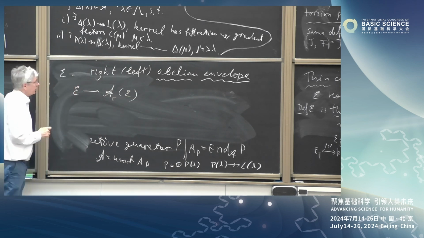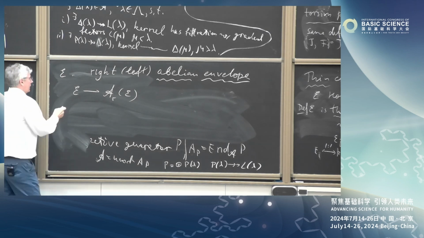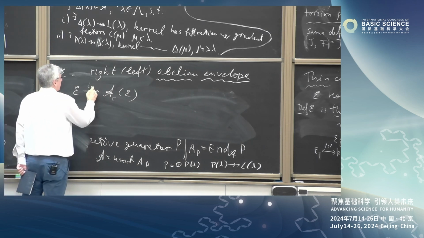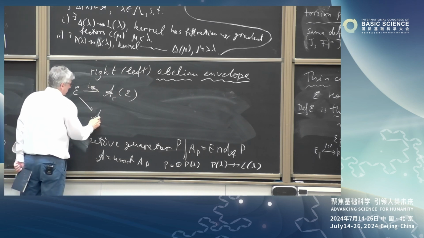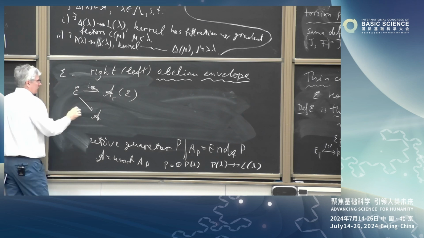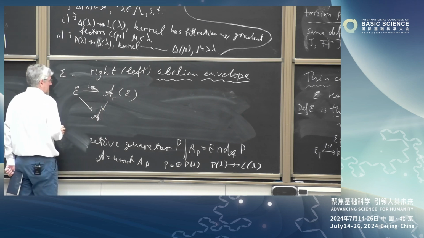I denote this right abelian envelope by A_R(E), and it's universal among all functors into abelian categories which are right exact. All functors are right exact here.